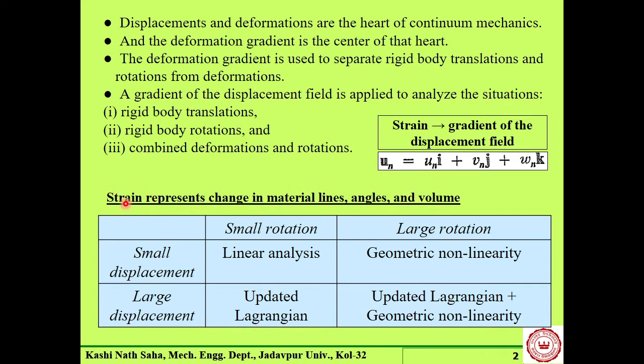So this quantity strain might be coming from a small displacement and a small rotation. In that case, what we get is a linear relationship between strain and displacement.